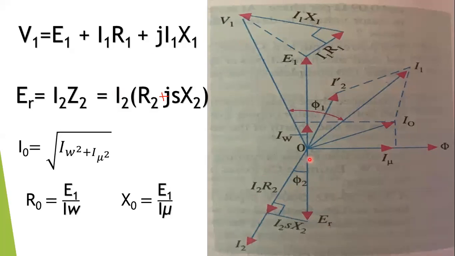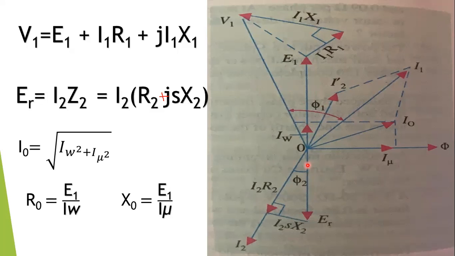By seeing the secondary only, you have to draw the primary. So this is E1, and this is ER. Both I am representing at the start. First you have to draw the secondary.